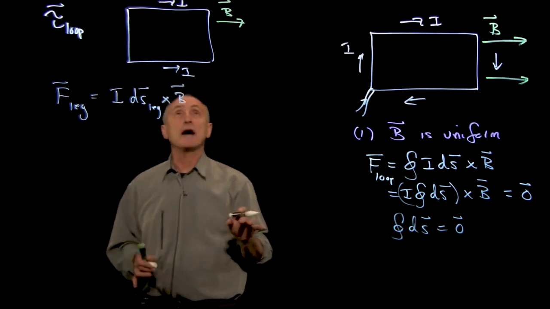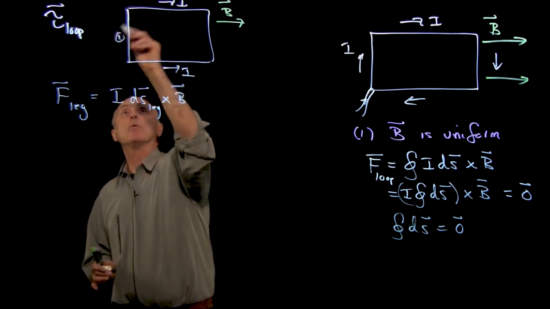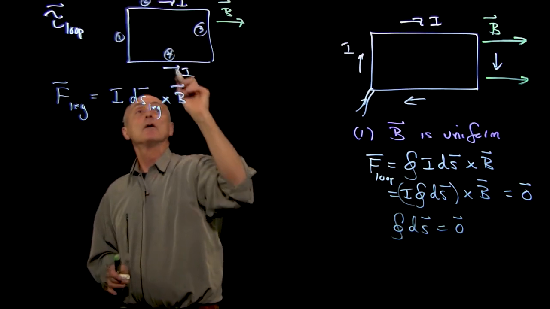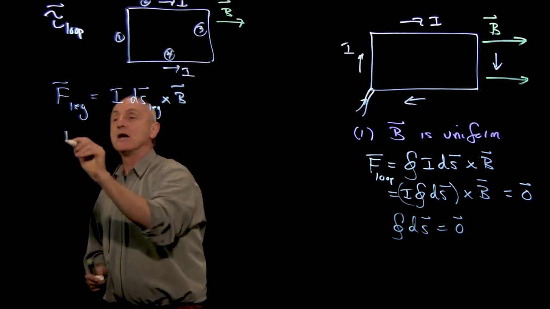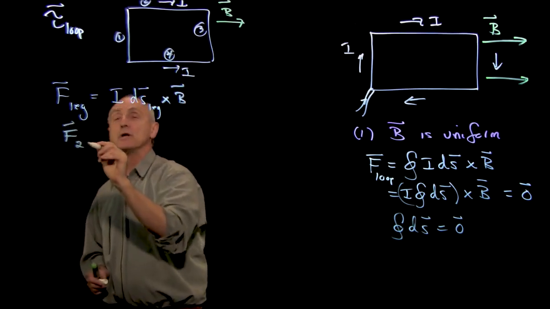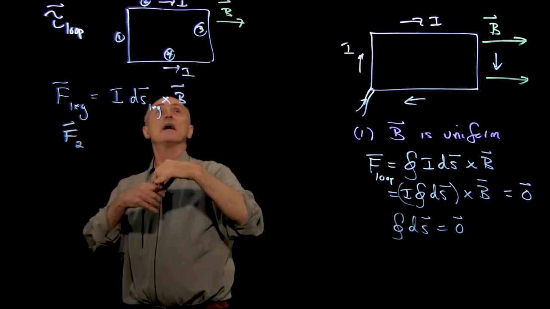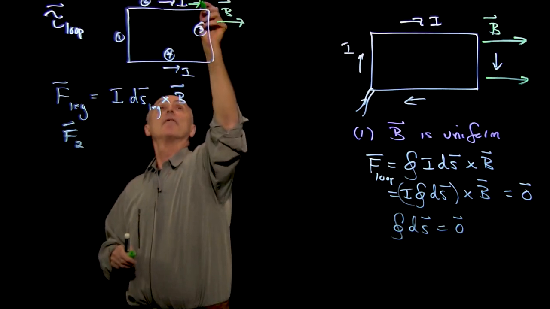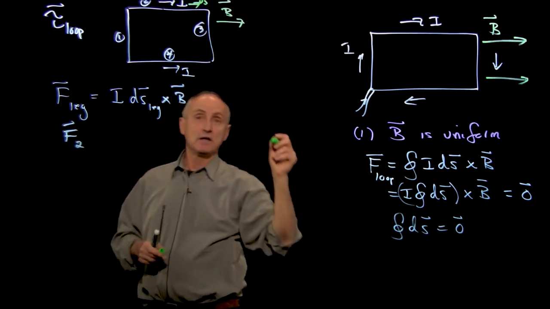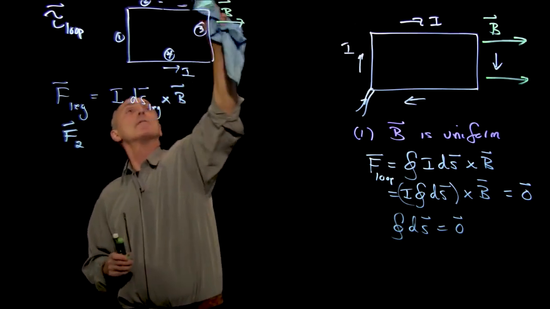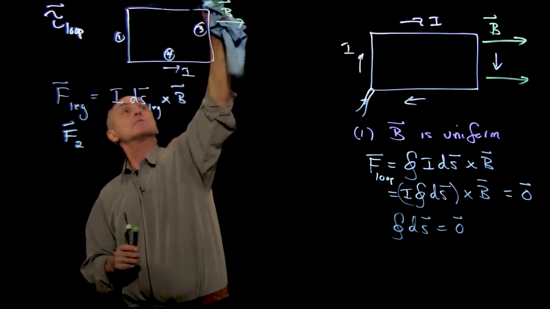So when we look at that, if we label this leg 1, 2, 3, and 4, we see that the force on legs 2, I is in the direction of B, and remember, the ds is always in the direction of the I, and let's just make sure that we can see this.